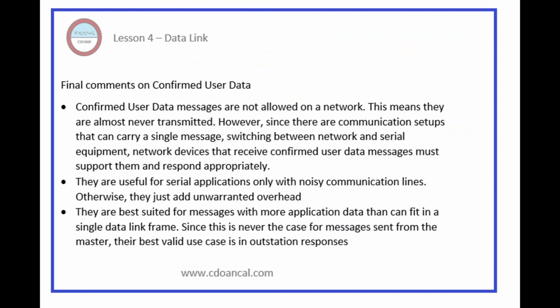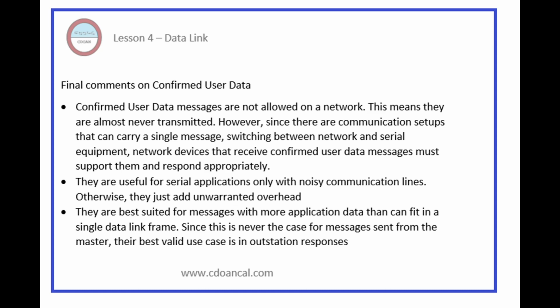First, confirmed user data messages are not allowed on a network. This means they are almost never transmitted. However, there are communication topologies that carry a single message, switching between network and serial equipment.